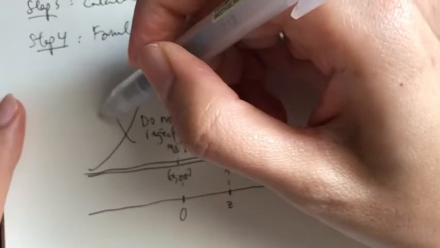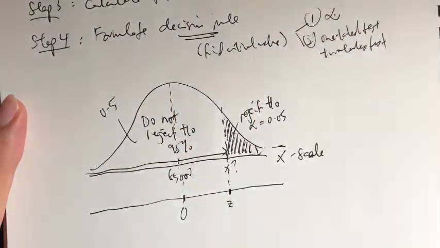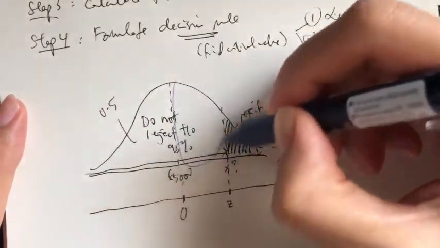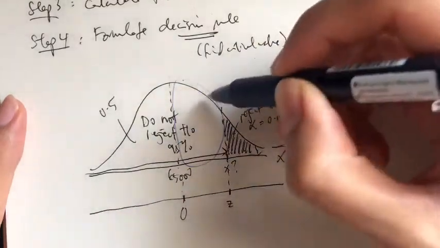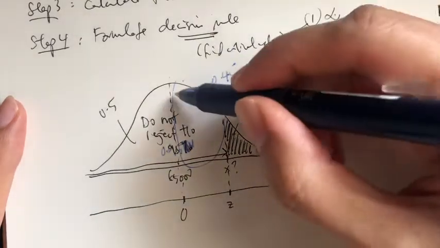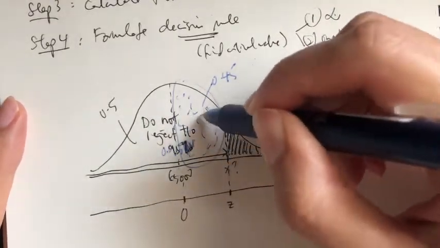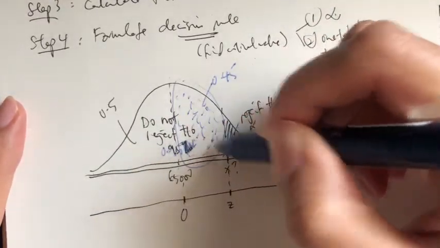So we know here is 50% or 0.5. So how much is this area? Okay, we should get another colored pen. So this area is basically what? 45%, 0.45. So now you take your normal table and try to find this dotted blue area, and then we can find the corresponding Z value.